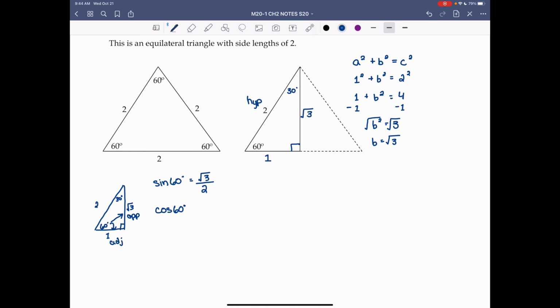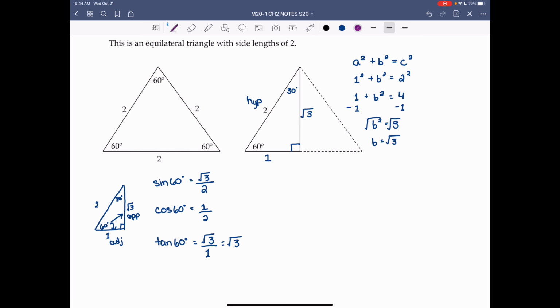Cos 60 degrees is adjacent over hypotenuse, which in this case is 1 over 2, and tan 60 degrees is opposite over adjacent. In this case, that's root 3 over 1, which equals just root 3.